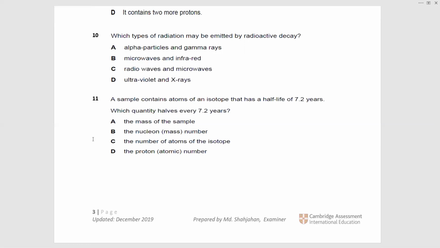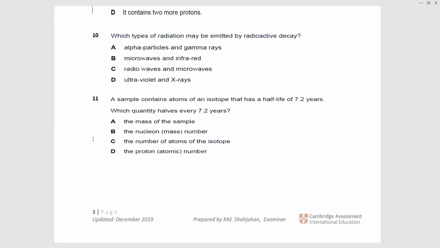Correct. Then 11. I did not mark 11, now you do. A sample contains atoms of an isotope that has a half-life of 7.2 years. Which quantity halves every 7.2 years? The mass of a sample, sir.